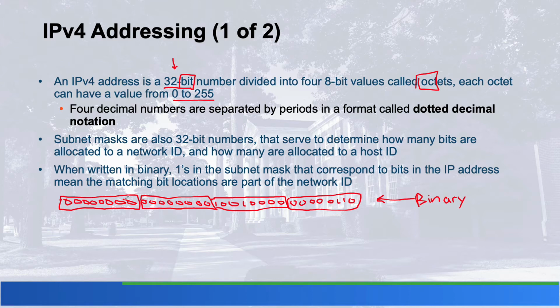So an octet can represent all the numbers from 0 to 255. That's the reason why we can't put any number higher than 255 in these octet spaces, is because we can't physically count higher than 255 with 8 bits. So what we're going to do is convert this binary into decimal numbers so my brain can understand it.